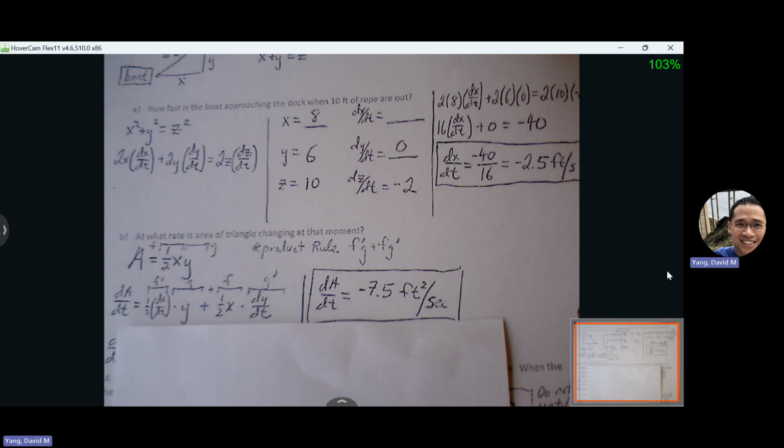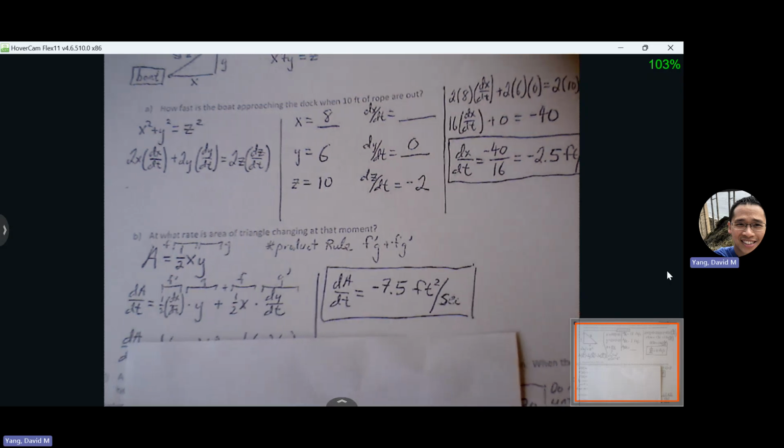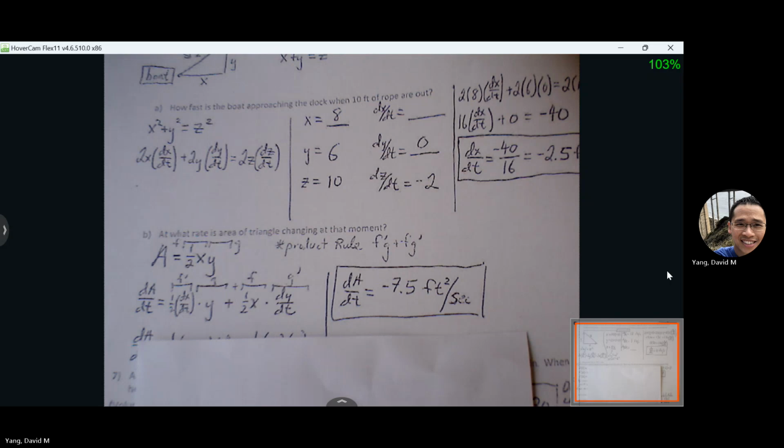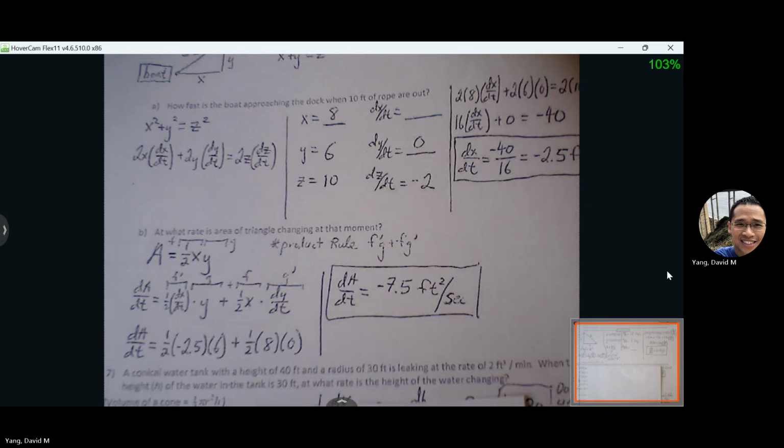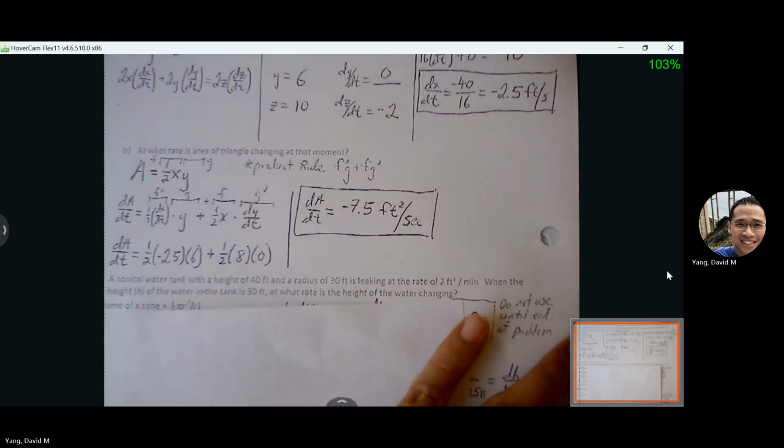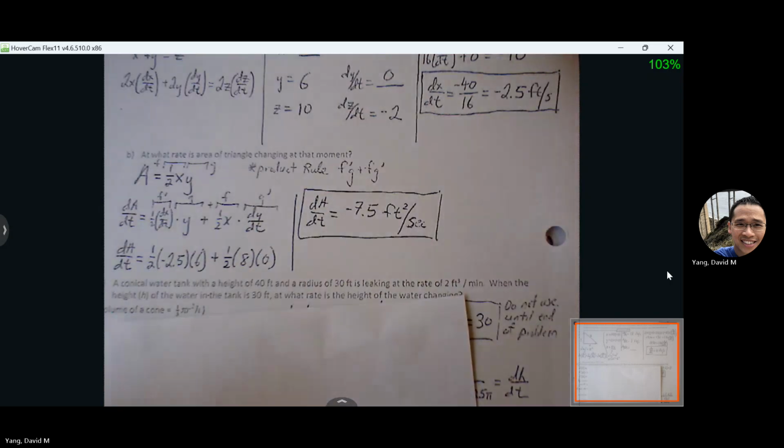And you can put everything from part A into your variables. F prime G plus FG prime.